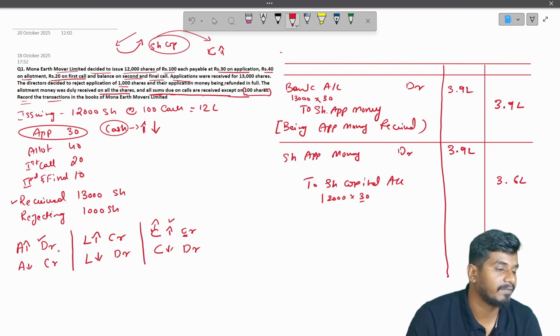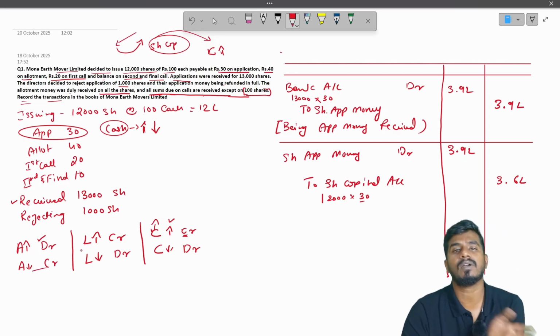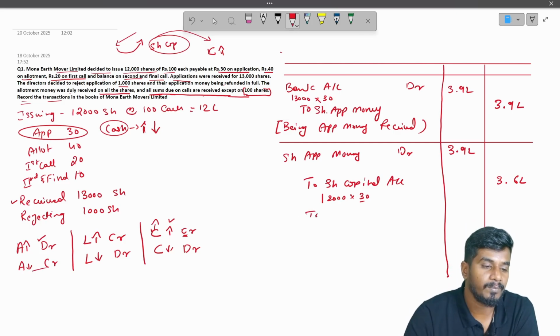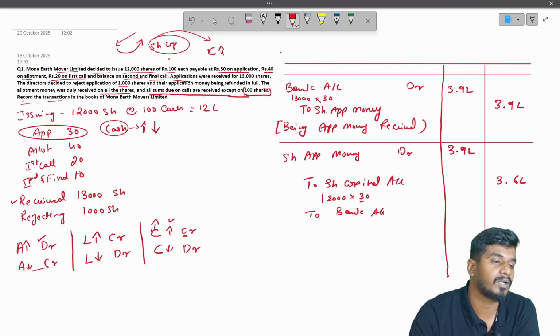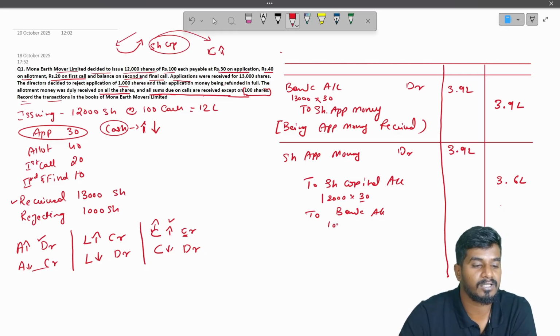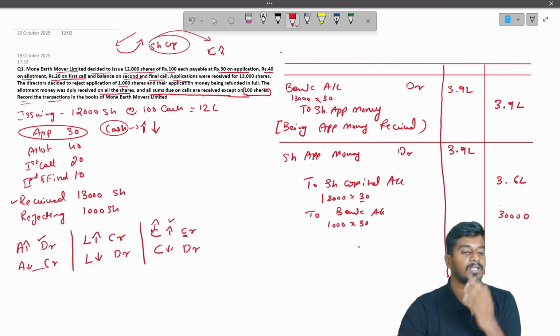If an asset decreases, we need to credit it to the bank account. How much is it? 1,000 shares into 30 rupees, it is 30,000. So we are rejecting it and refunding 30,000 rupees.